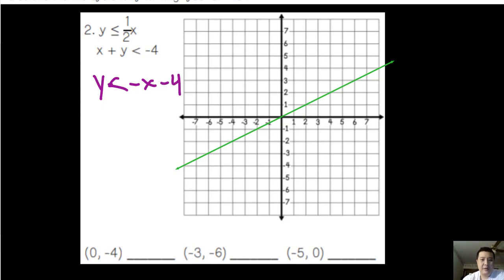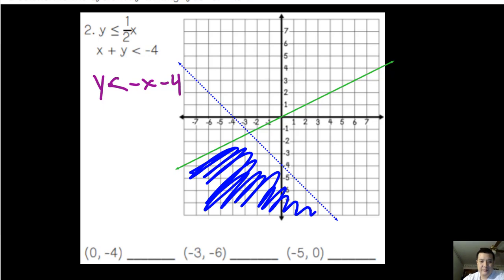So that point, 0, -4, is going to be right like that. And to shade our regions, here we're going to be shading underneath the green line, and here we're going to again be shading underneath the green line. So that means our solution set for both underneath them is going to be in this area.